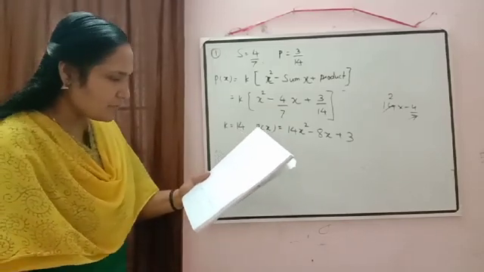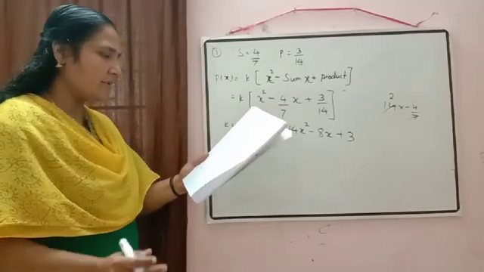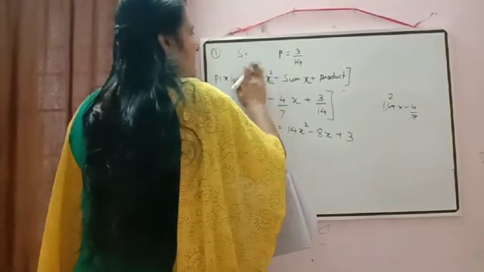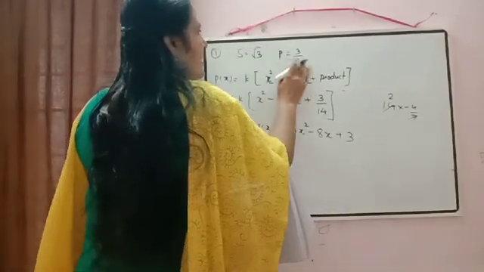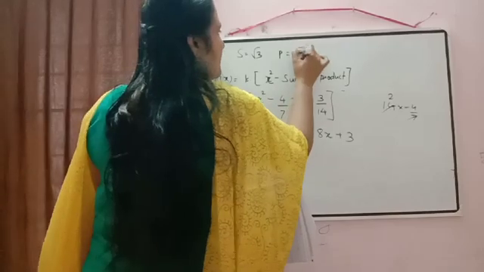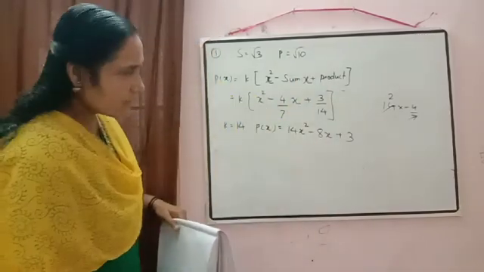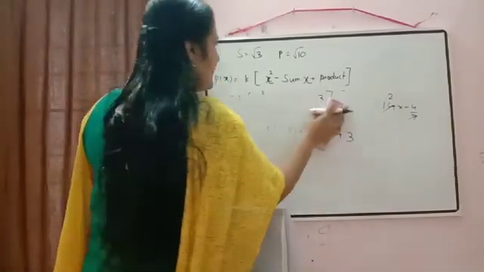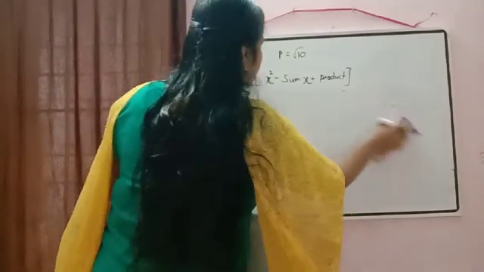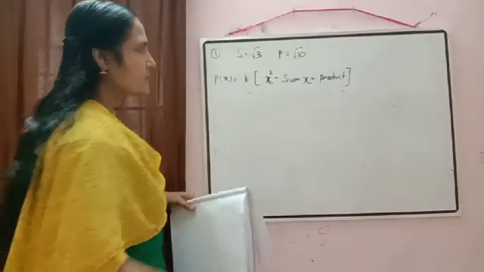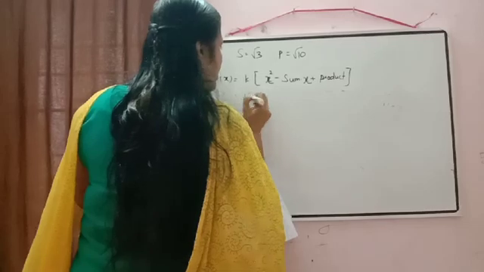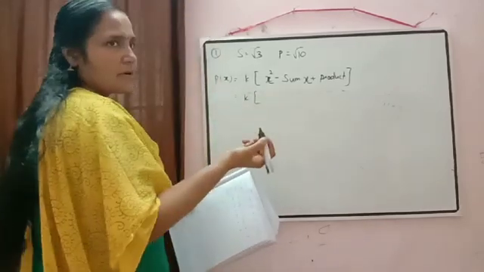Sum is equal to root 3 and product is equal to root 10. So just substitute here, then what will you get? Polynomial p of x is equal to k into x square minus sum of the zeros into x plus product of the zeros.